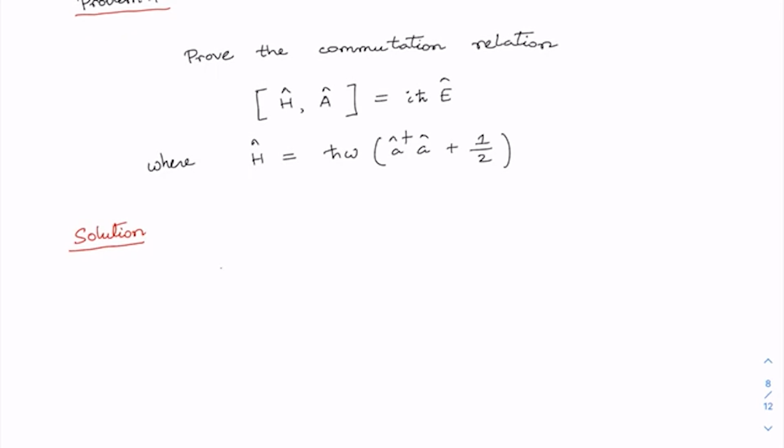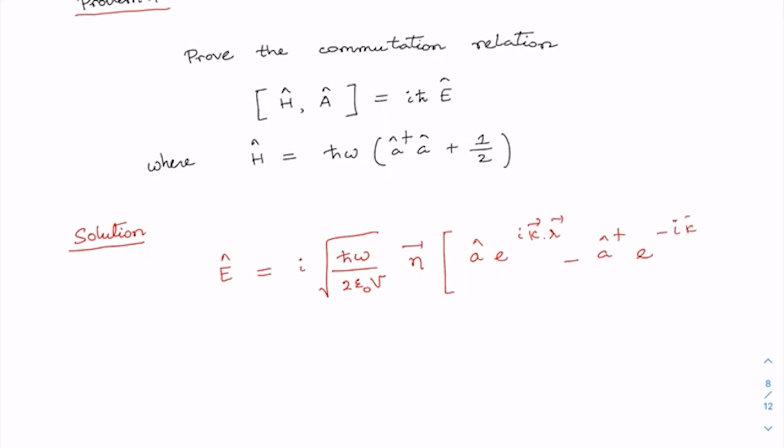For example, the electric field operator for a traveling electromagnetic wave, which we have done in our lecture, is this: i times the square root of ħω divided by twice ε0 V, propagating along, say, the direction with polarization η, and we have a e^(ik·r) minus a† e^(−ik·r). So that is the electric field.